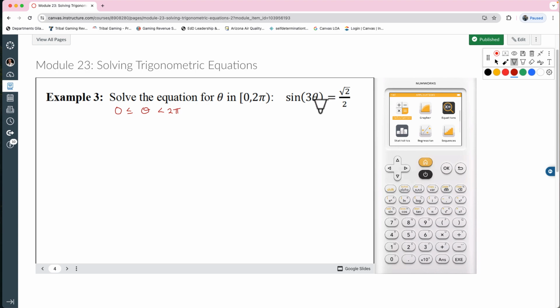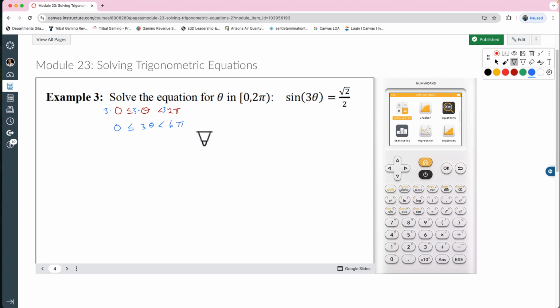But we've got a 3 theta, so what do we do with that? Well, we would multiply each of these 3 sides by 3. So what we've got is that 3 theta has to be between 3 times 0, 0, and 6 pi.